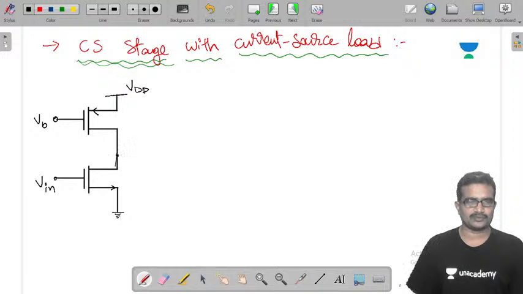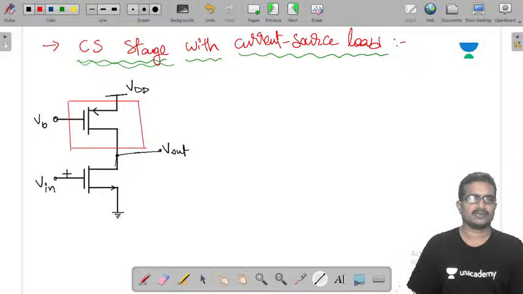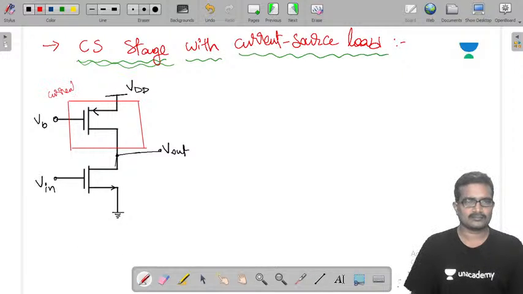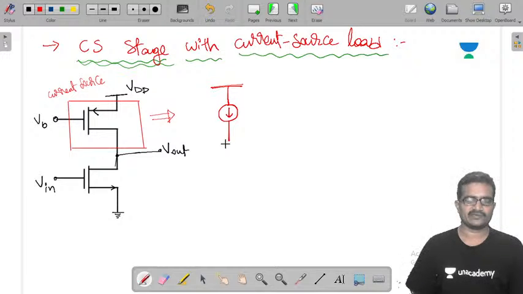And here we are taking output. And you observed that this is nothing but a current source.